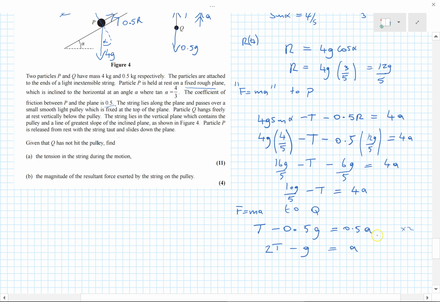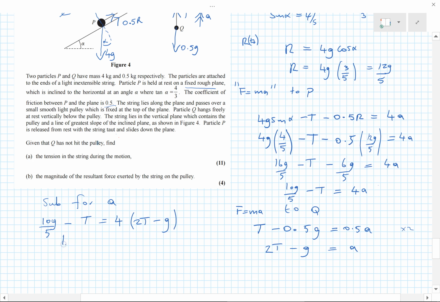So I can now substitute that for a into this expression here. So that's 10g over 5 minus T is equal to 4 times 2T minus g.